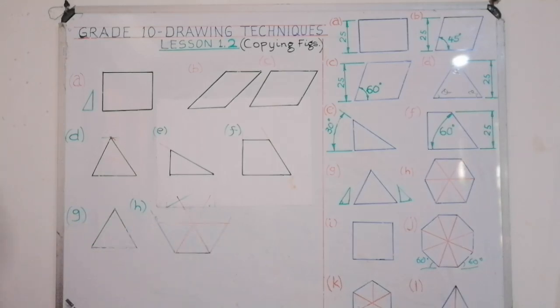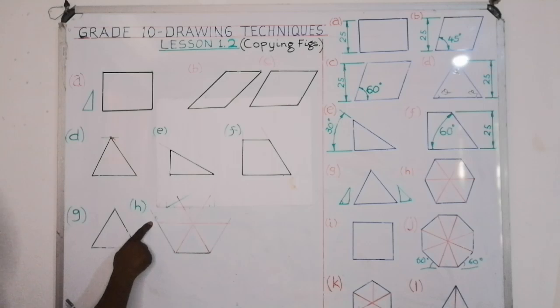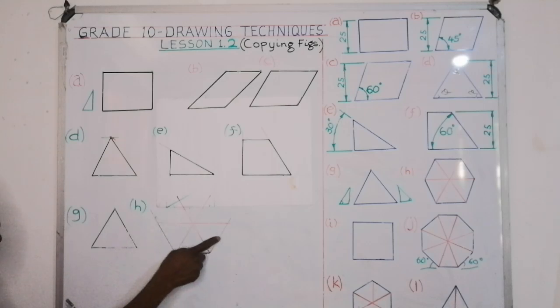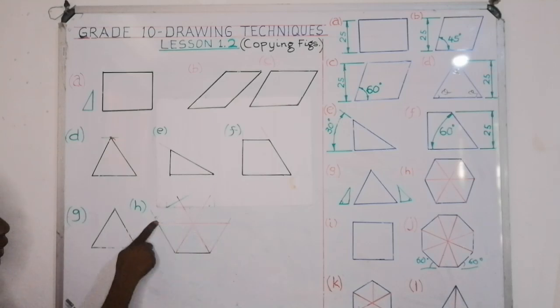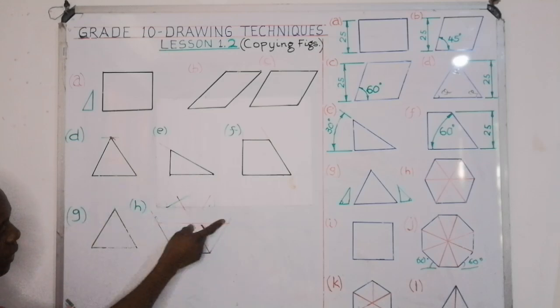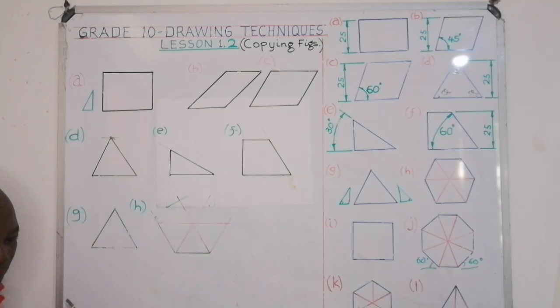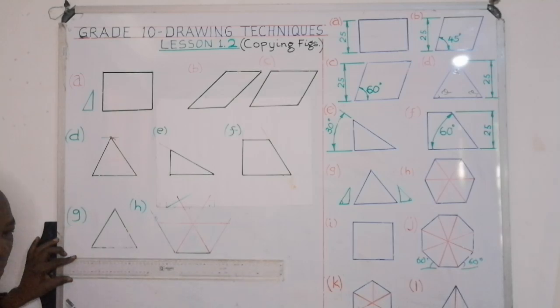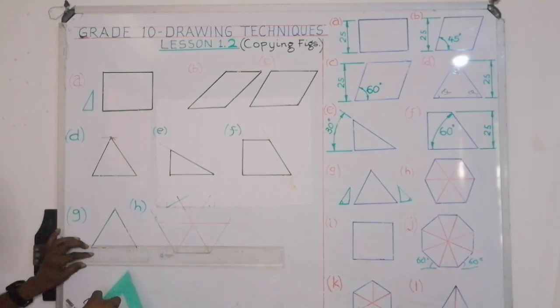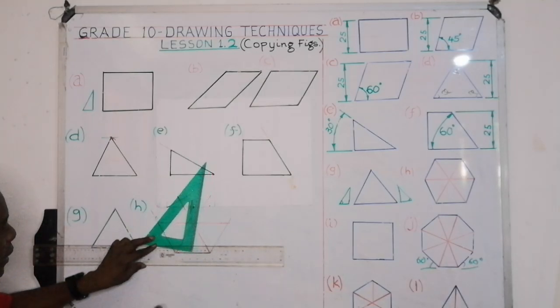And then from here, you draw another one parallel to this, which is at 60 degrees. That internal angle should be 60, and here also that way, this one must be 60. Like that.